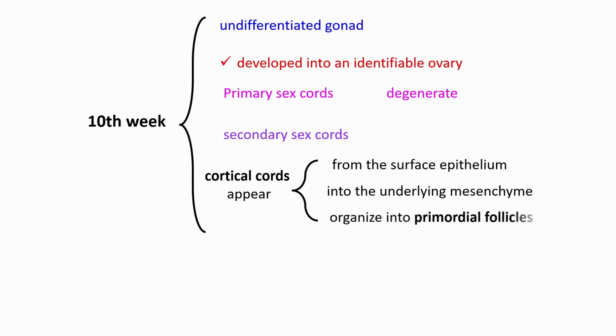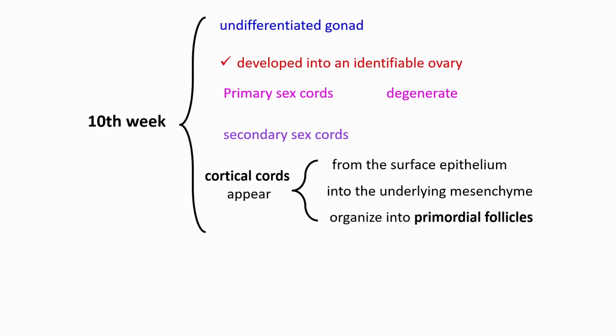When these secondary sex cords enter the genital ridge, they find primordial oogonium, primordial female sex cells, while the primary sex cords, when they went in, found only mesoderm.